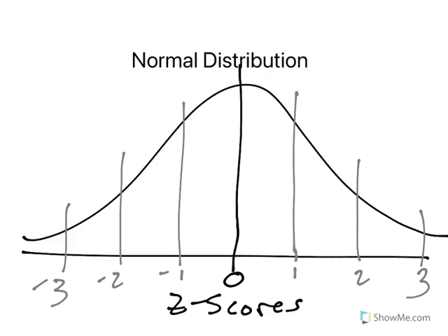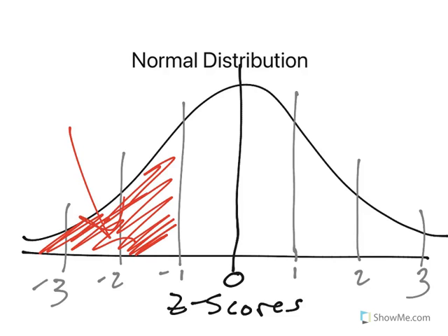Now, the point of z-scores and the normal distribution is that if we normalize or standardize values, it allows us to do a better comparison. You've probably heard people say we can't compare apples to oranges. Well, if you turn everything into a z-score, then you can compare. Now, when we're dealing with the normal distribution, if we talk about area under the curve, we talk about this as probability.